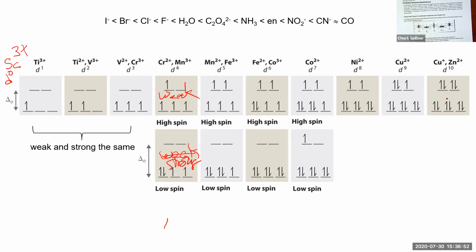So we'll see an example of that. Like I said before, in the D0 case and the D10 case, we would predict that the solutions would be colorless, that no light is absorbed and all white light is transmitted. So the solutions are just clear.